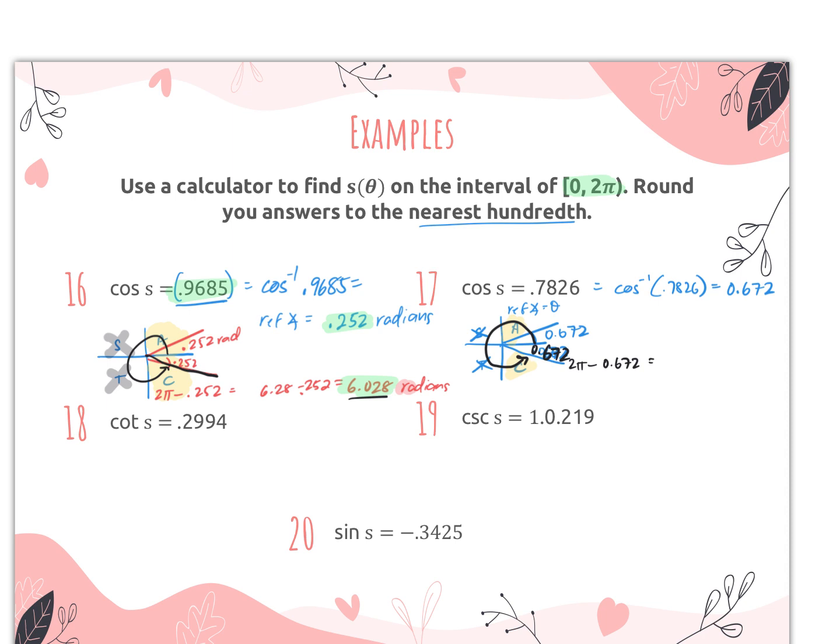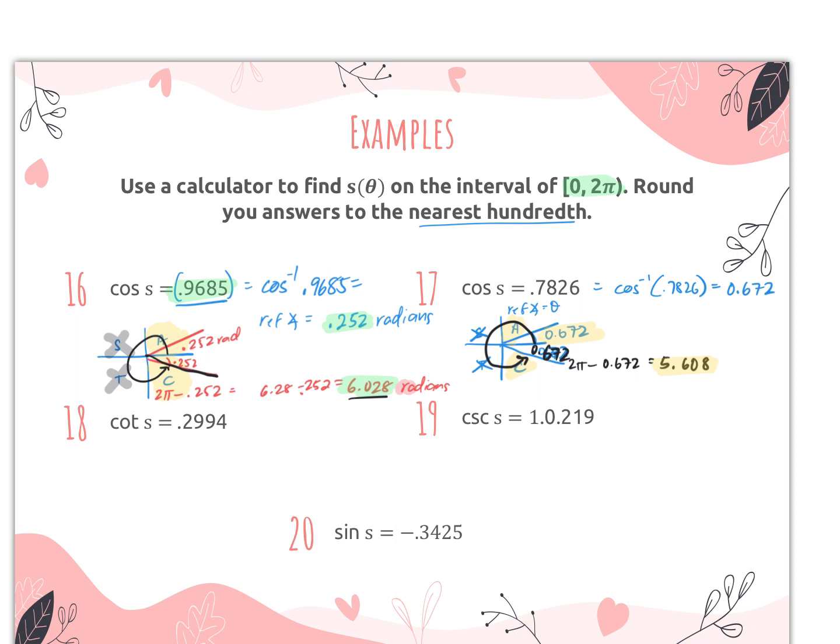And so I'm going to get 6.28 minus 0.672, and I'm going to get 5.608. And so I know that is going to be my angle. So that's my second solution. So my solutions are going to be 0.672 radians and 5.608 radians. Those are the 2 radian measures that will give me that cosine.